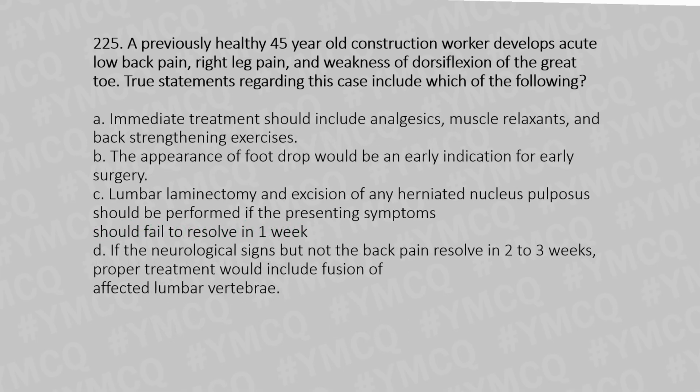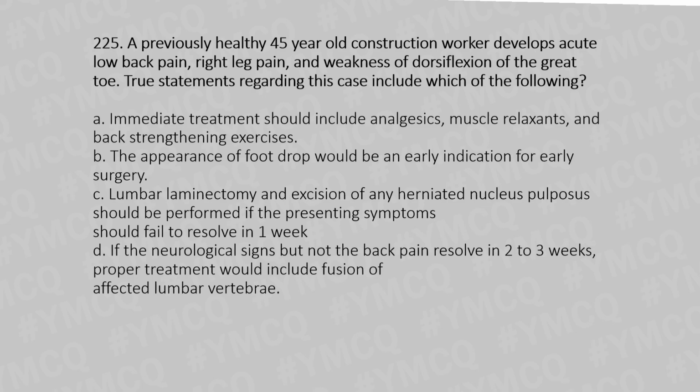Now let's move to question number 225. A previously healthy 45-year-old construction worker develops acute low back pain, right leg pain and weakness of the dorsiflexion of the great toe. True statements regarding this case involve which of the following? Option A, immediate treatment should include analgesia, muscle relaxants and back strengthening exercises. Option B, the appearance of the foot drop would be an early indication of early surgery.